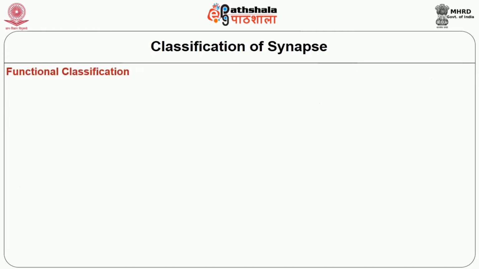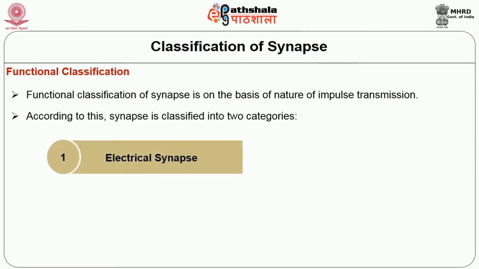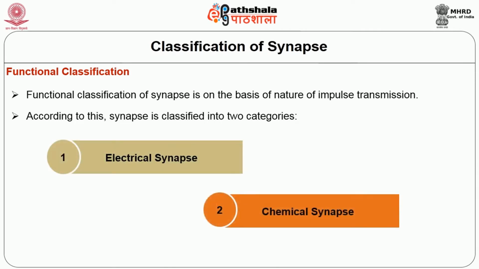Coming to functional classification, the synapse is classified on the basis of the nature of impulse transmission. According to this, synapse is classified into two categories: electrical synapse and chemical synapse.